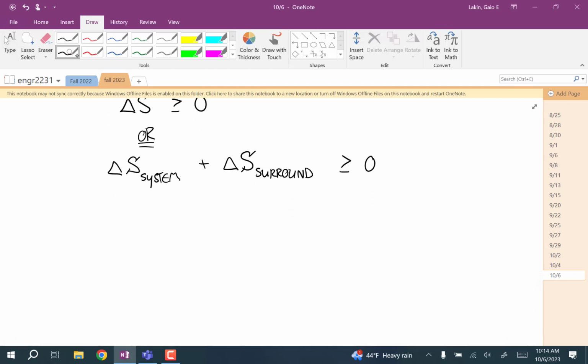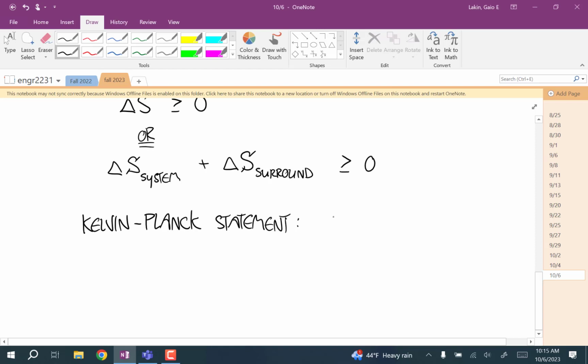All right, so the first thing we're going to do is use the Kelvin-Planck statement to talk about efficiencies of processes. We'll talk more in detail about this later, but these are the first calculations you're going to do. So we're going to talk about efficiency.